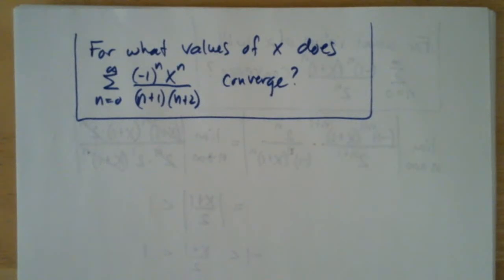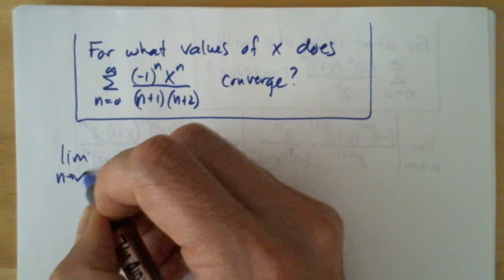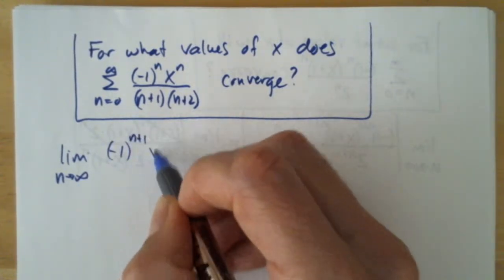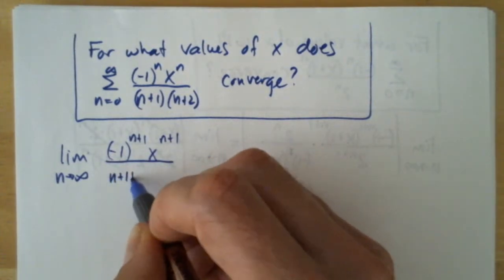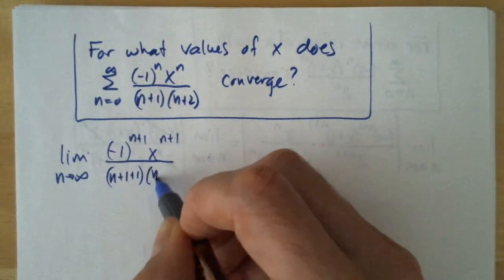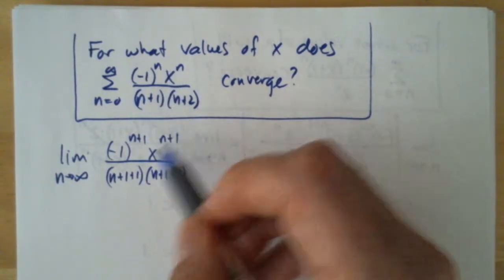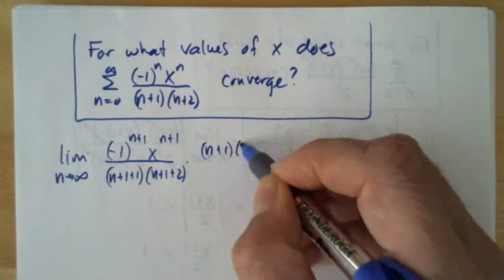All right, pause the video and try that one. Just replace all the n's with an n plus 1, then we'll multiply by the reciprocal.